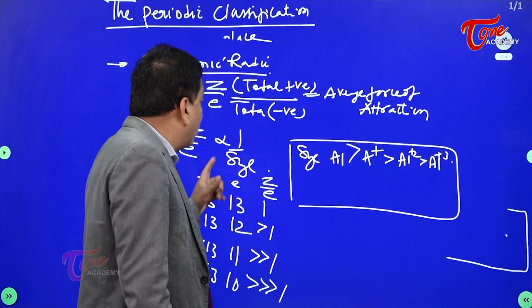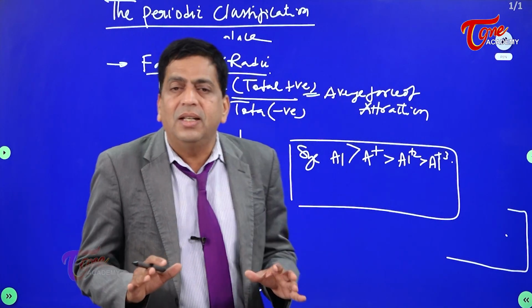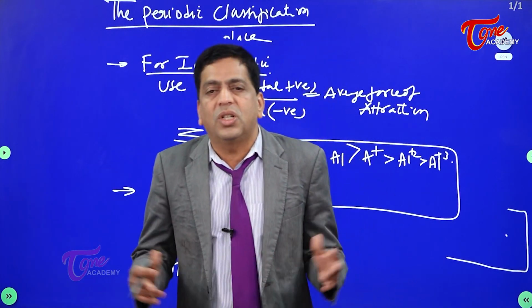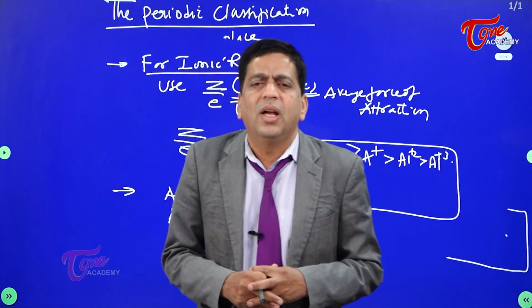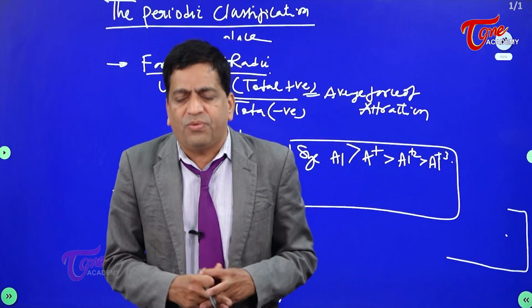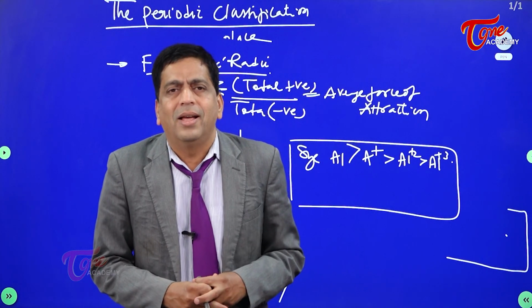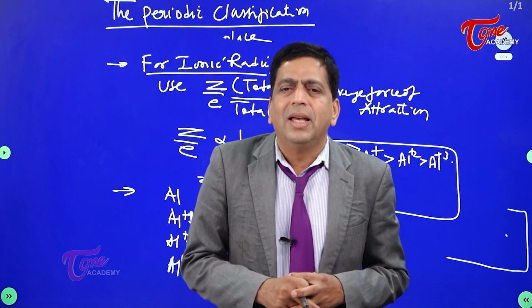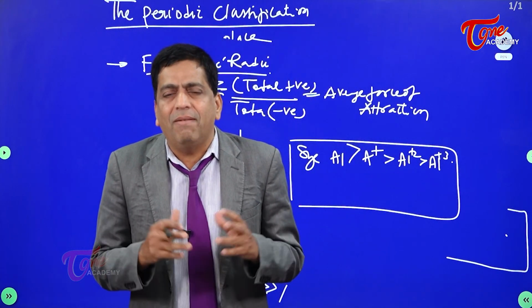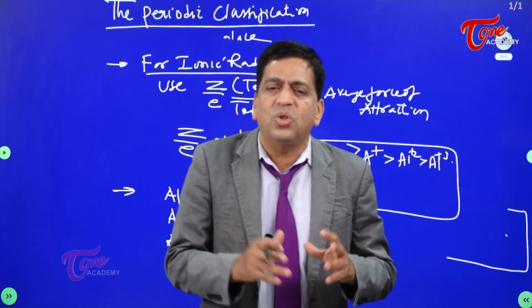So if someone in the exam gives you several cations and asks you to find the size trend, one must use Z by E. Z by E is the average force of attraction that exists in an ion.